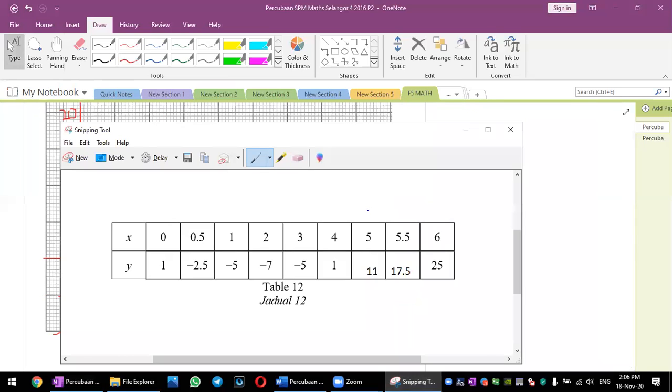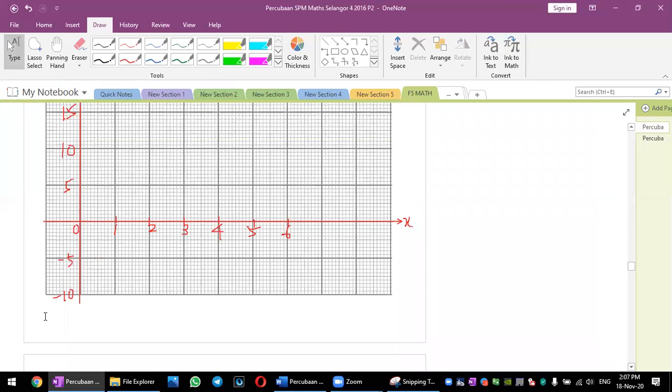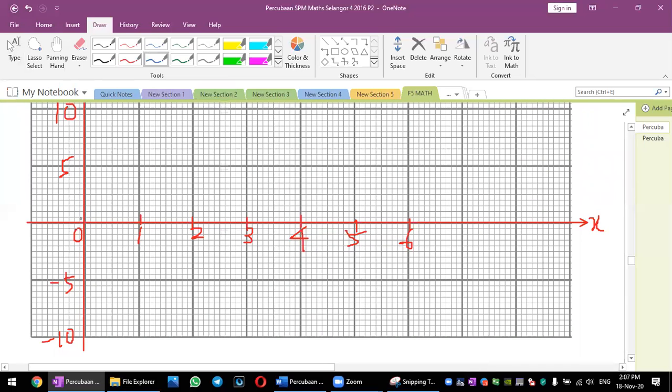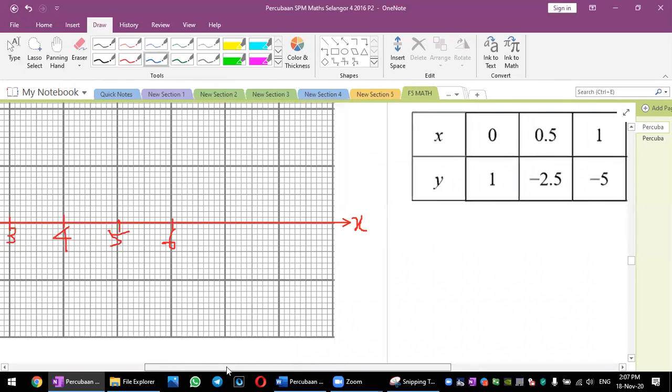Then now I want to see my table already. First, when x is 0, y is 1, so 0, 1. Sini ada 5, 10 petak, so 5 over 10 is 0.5. 1 petak kecil 0.5, so 2 petak is 1. You need to count like this: 5 divided by 10 boxes. After that, 0.5 and negative 2.5.